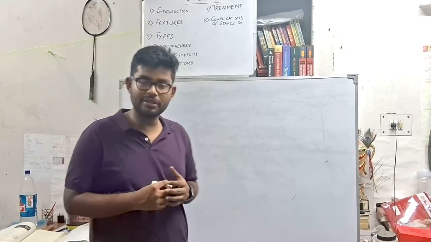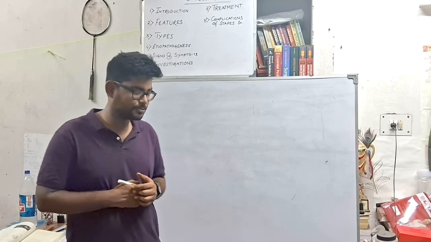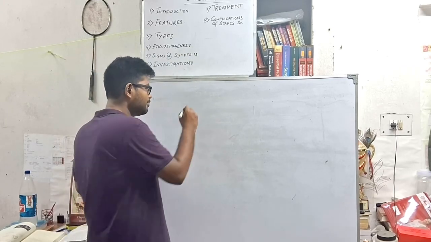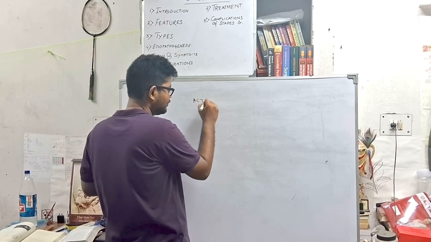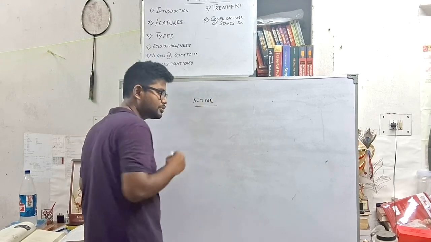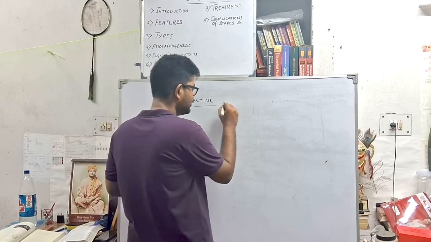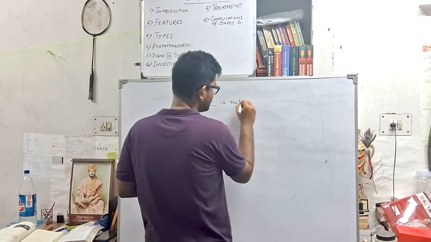So coming to the treatment of otosclerosis, now active otosclerosis is treated medically. So in active otosclerosis, when there is increased osteoclastic activity, we need to give sodium fluoride. What does sodium fluoride do?